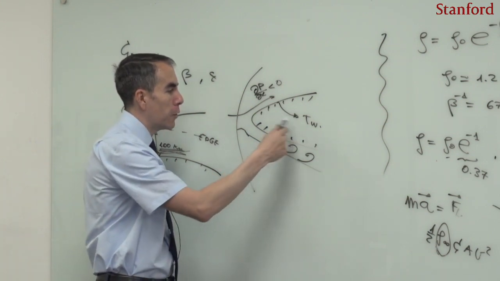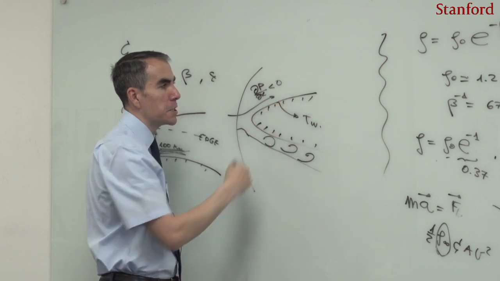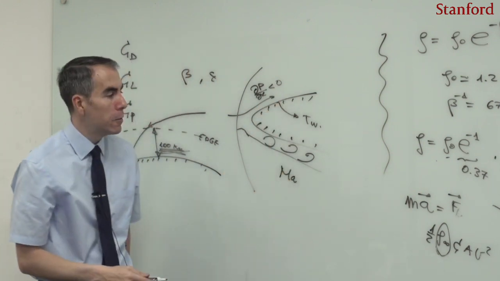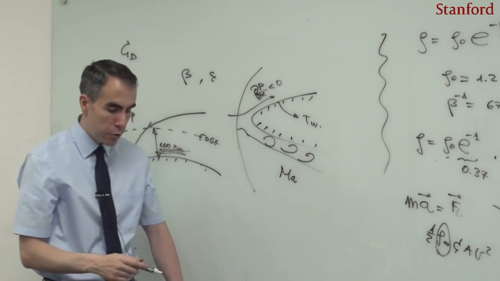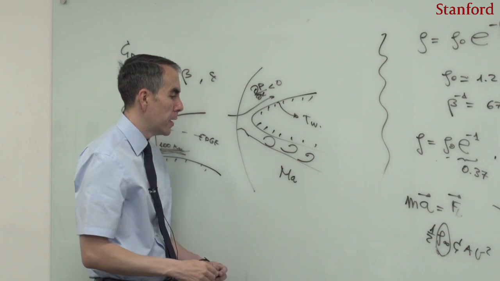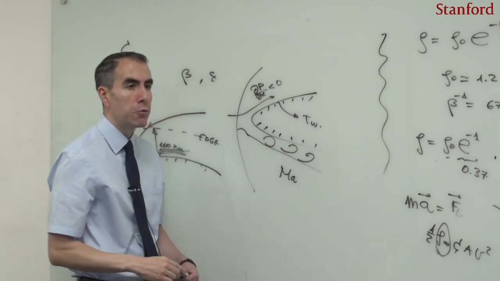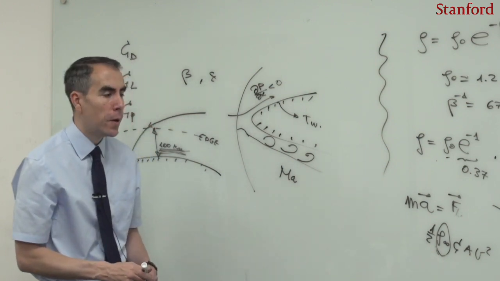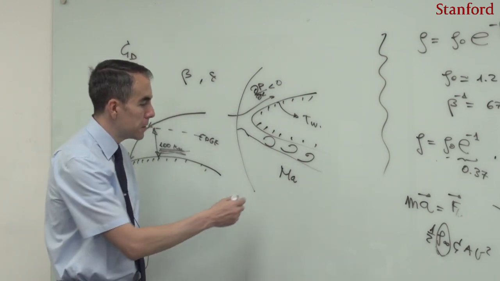Then another thing that happens is that because of compressibility, there is an effect of the Mach number in the flow. Compressibility, as you know, also involves acoustic radiation and transformation of kinetic energy into thermal energy, and what it does at the end is to delay transition in the following sense.